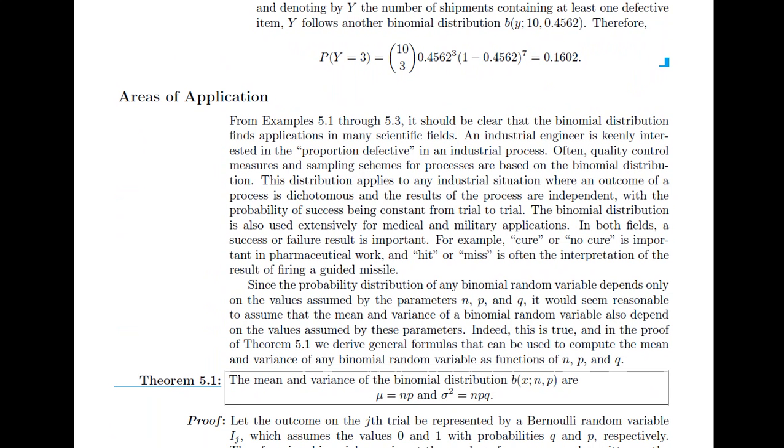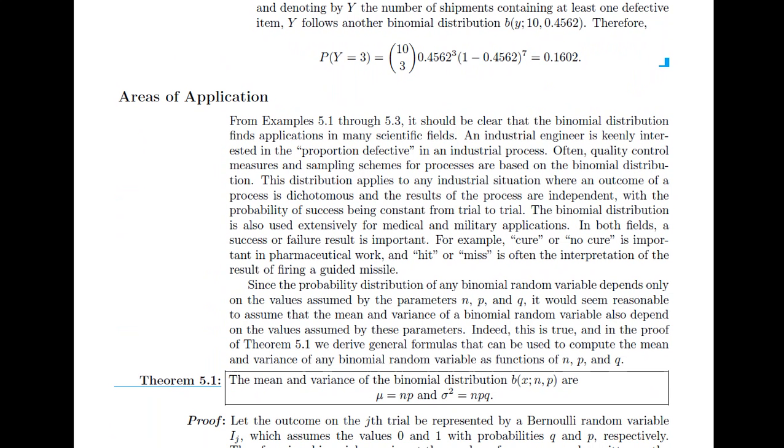Y follows another binomial distribution, binomial with n equal 10 and p equal 0.4562. Therefore, the probability of Y equals 3 is equal to 0.1602.